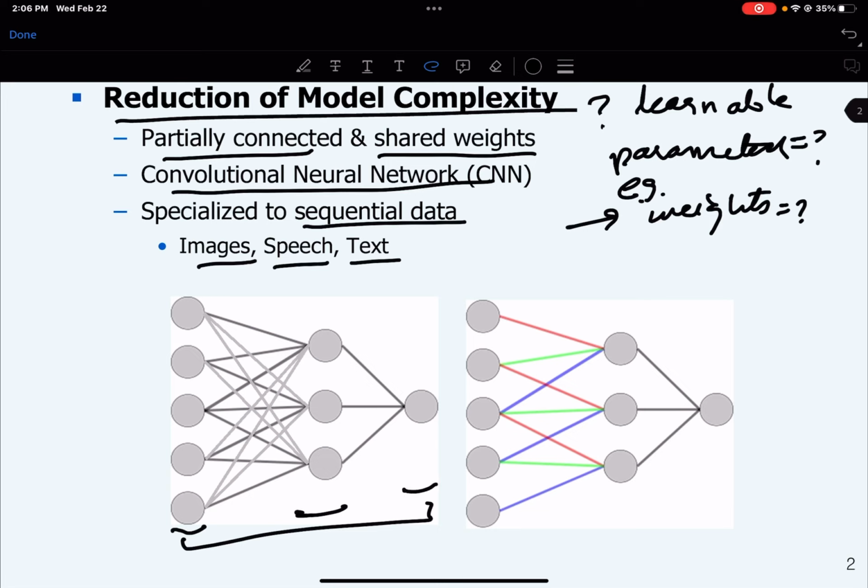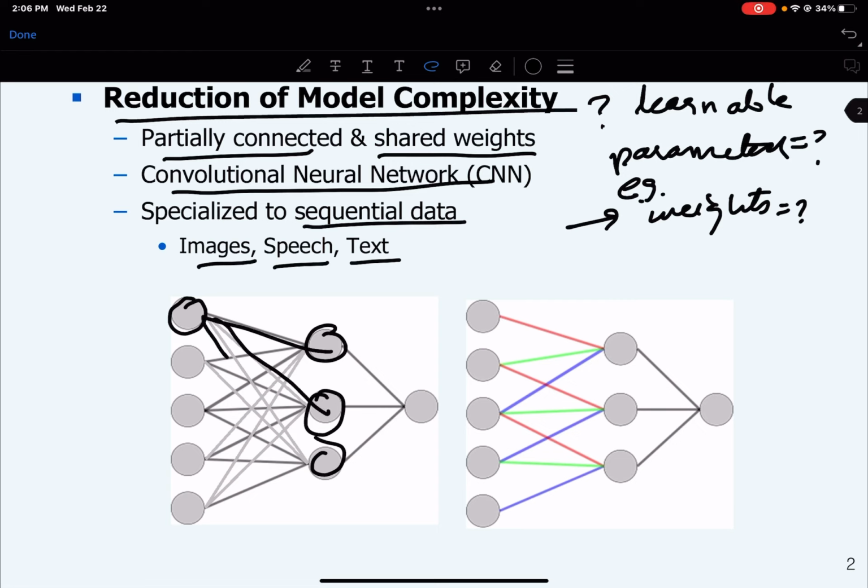So all the nodes, for example, if we take this node and we have 3 nodes in the next layer, there would be 3 connections coming out from this node. So now if we check the connectivity for this node, it should have 3 links connecting to the next layer.